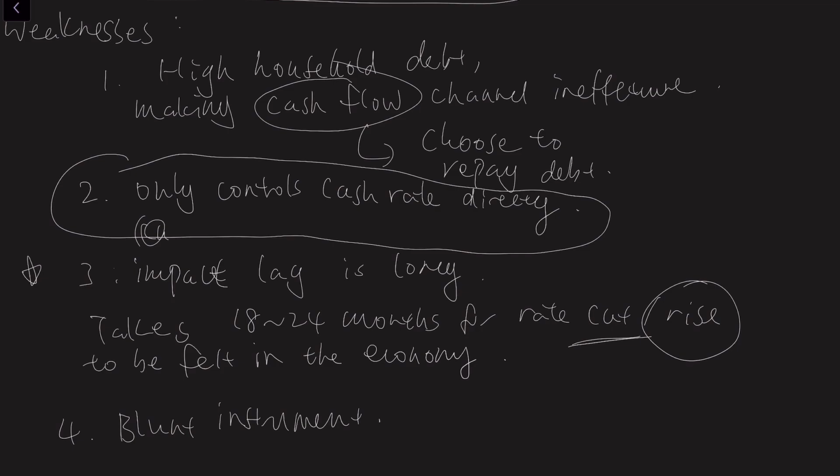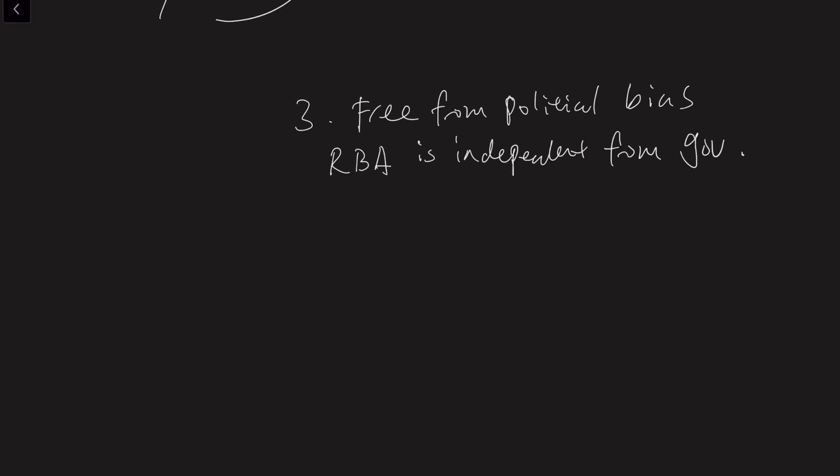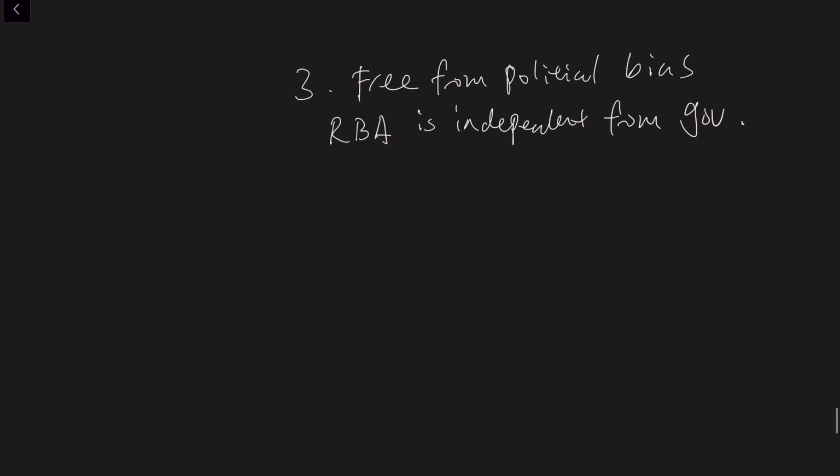Perhaps the most important strength of monetary policy is that it is free from political bias, because RBA is independent from the government. So RBA does not need to buy votes, unlike government need to. So they can act really in the best interest of Australian people. And this is a key advantage of monetary policy.